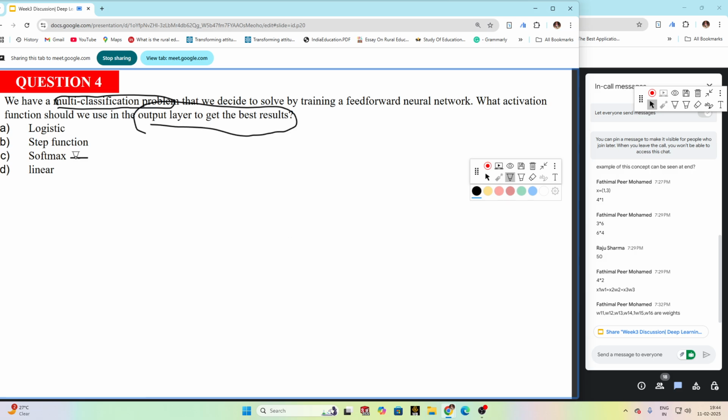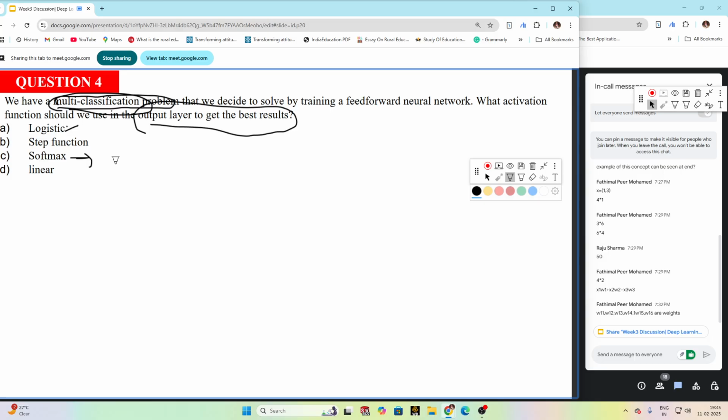If we have a binary classification, then we can use the logistic function, because the logistic function also gives a result between 0 and 1. But if it is a multi-classification problem, then we use the softmax activation function.